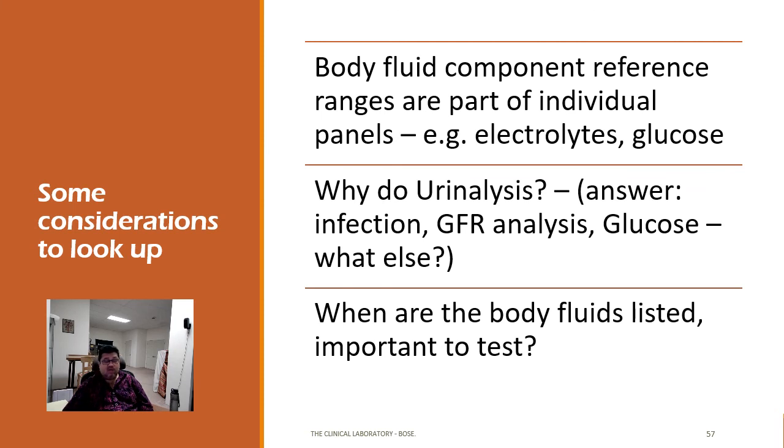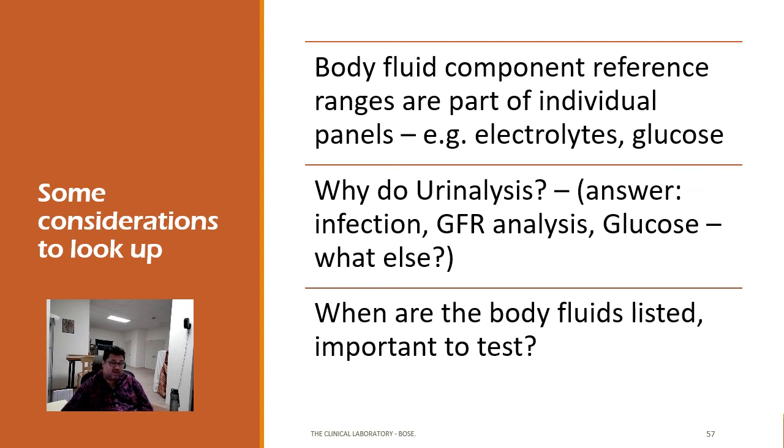Why do tests like urinalysis? When do we test for urine? The answer is to see if there is infection, to see the kidney function by evaluating glomerular filtration rate of certain items that are present in the urine panel or urinalysis panel.